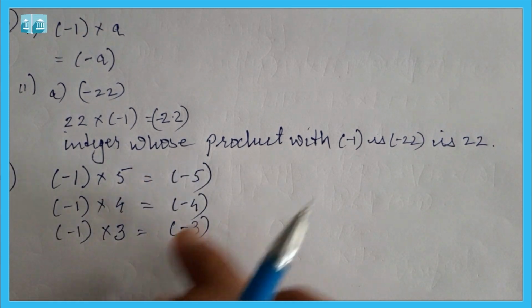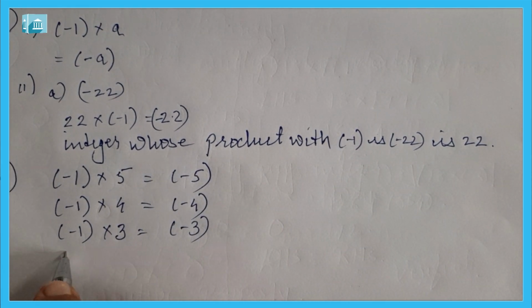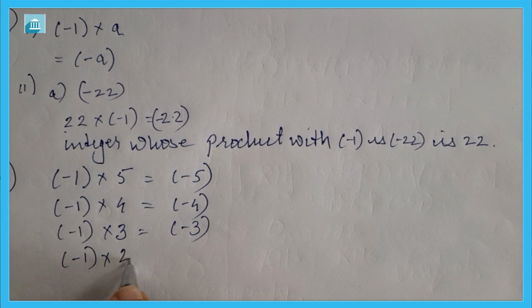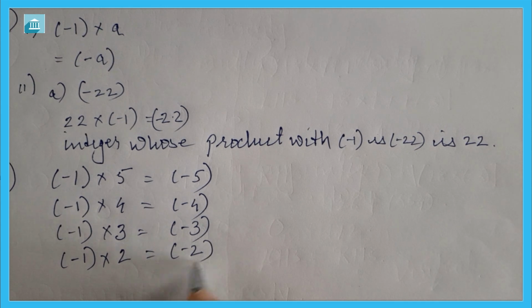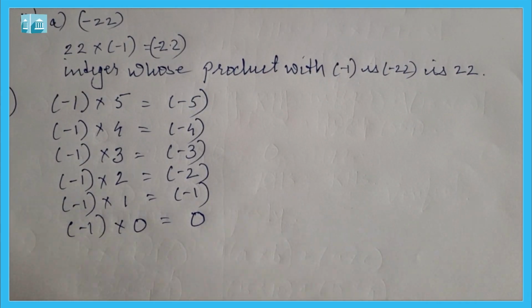As we are decreasing the number here, the result also decreases in the same way. -1 into 2 is -2, -1 into 1 तो -1, -1 into 0 is equal to 0.